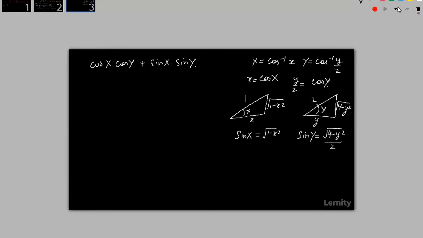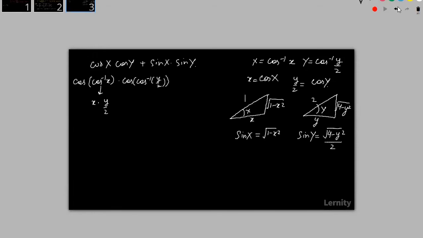So I will simply convert. So x I can write as cos of cos inverse x into cos of cos inverse y by 2, right? So this will simply become x into y by 2, right? This part is okay for this one. So let's see.